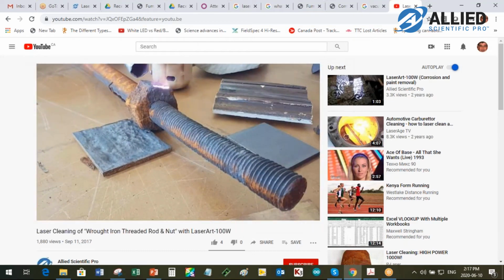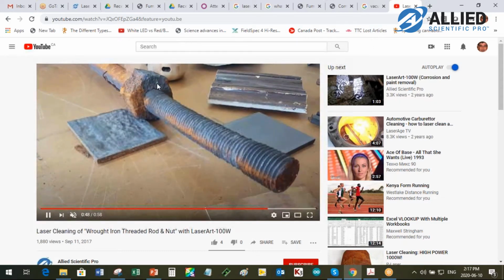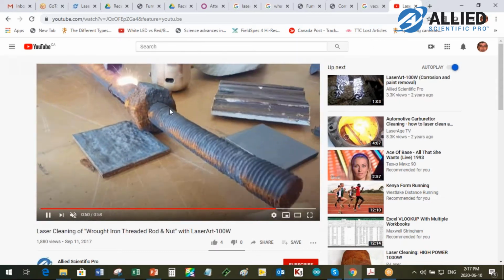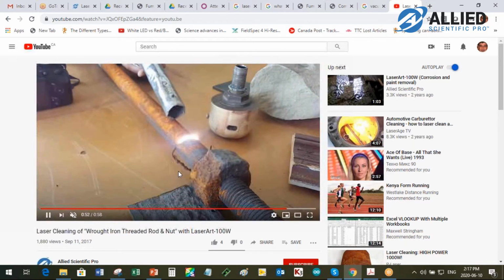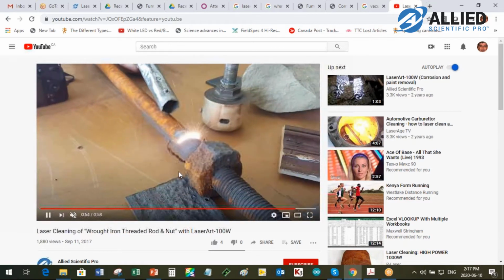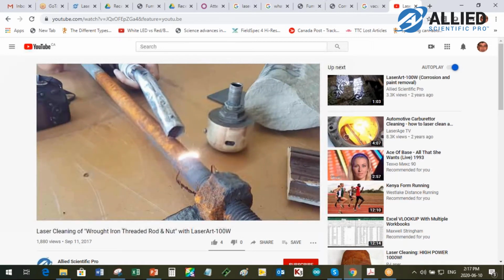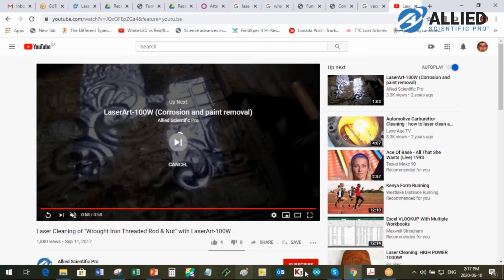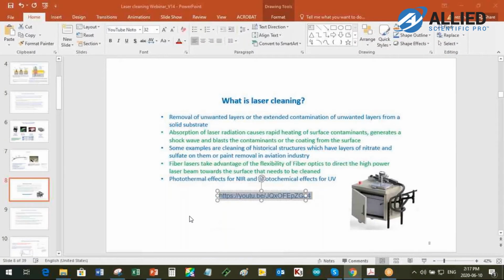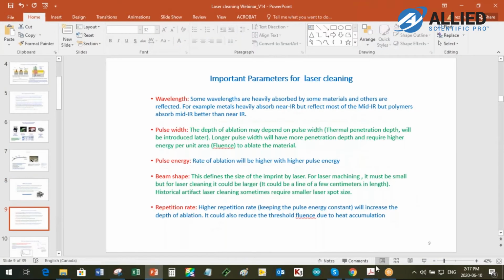And you can also see there's a vacuum pump that removes all the debris. All right, so that was the video there, so you get a better understanding of what it looks like.